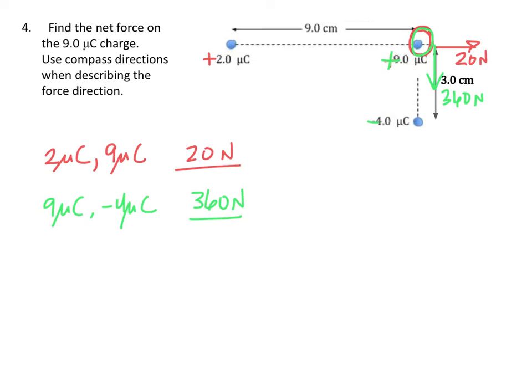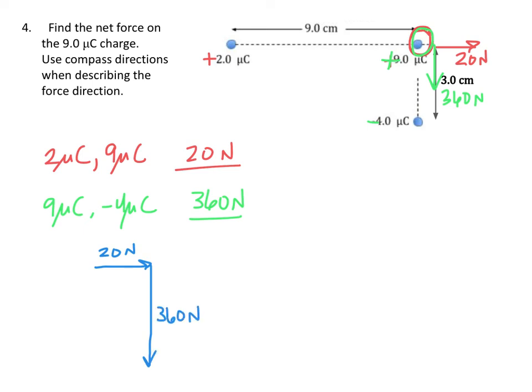So let's recall how we did that before. We built a triangle by drawing one of the vectors and then the other one head to tail. I like to start with the one that's left or right, and then from the end of that arrow I'm going to come down.